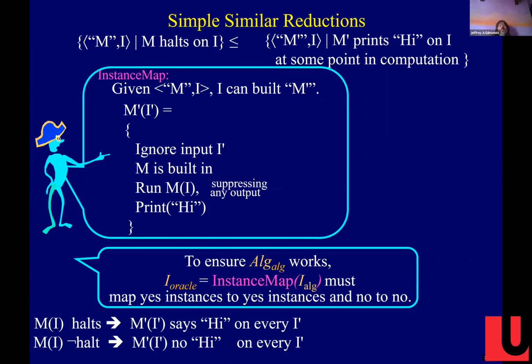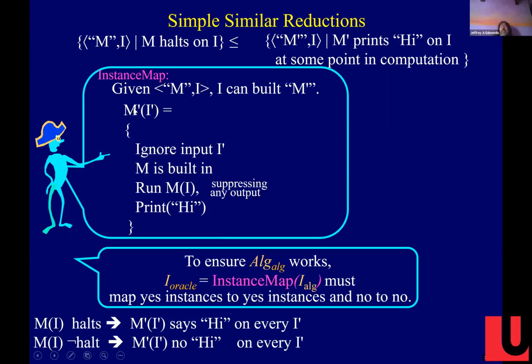All right. So I'm going to do a slightly different thing. I'm going to define M prime. When I define M prime, it's going to be given its own input, right? So we have to define M prime. When we give the oracle, we could give it the same input I or not. I don't care. But now I'm defining M prime.